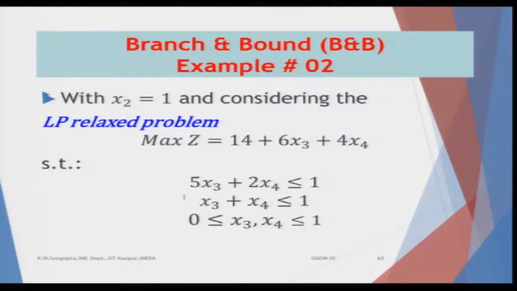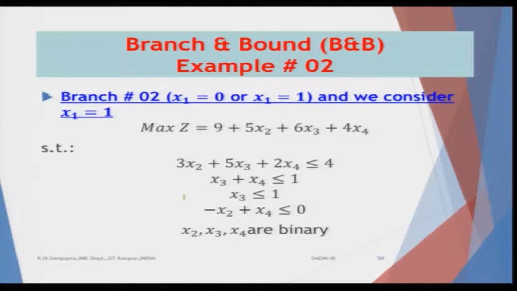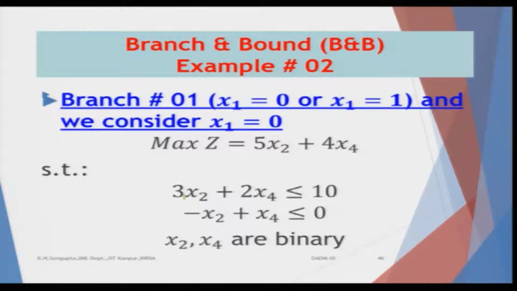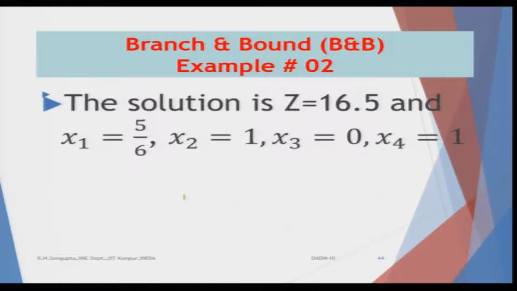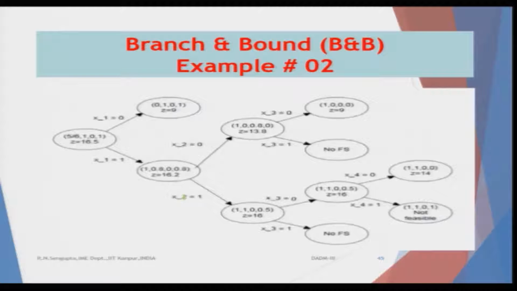The problem formulation is exactly the same. The problem formulation is like this. I will try to write the objective function. It is like this. We have been considering many steps at a time slowly. 9, 5, 6, 4.